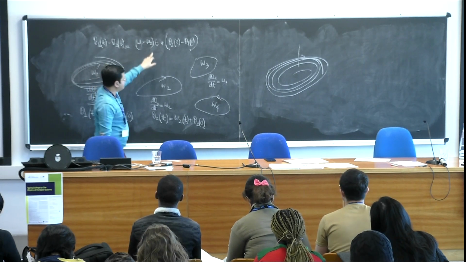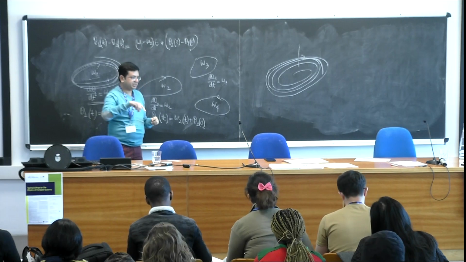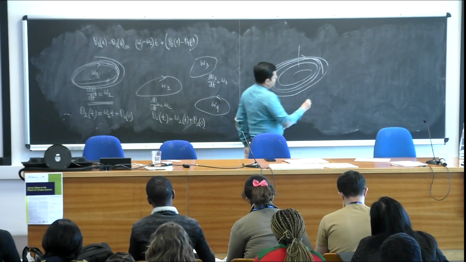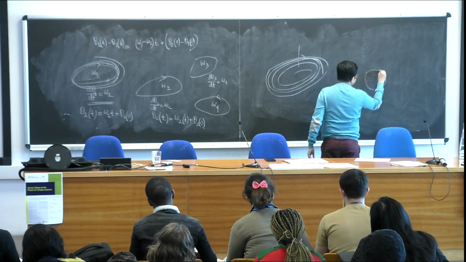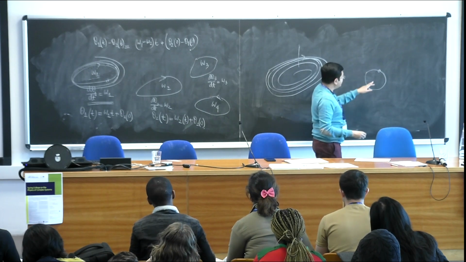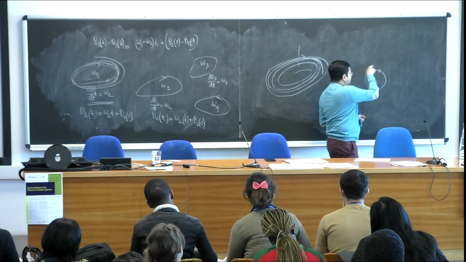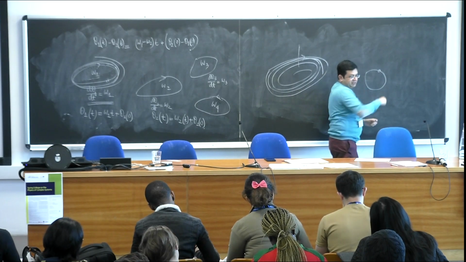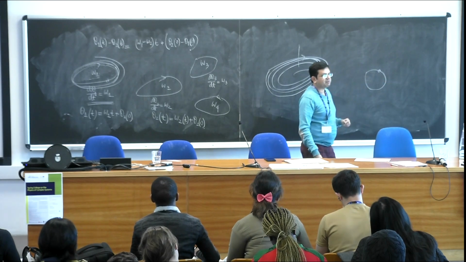So if I denote these phases as points on a circle, I draw a circle where a phase is a point. Why do I do it? Because phases change by 2 pi. So this circle will just go around with a frequency. For the first one it will be omega 1, for the second one it would be omega 2.